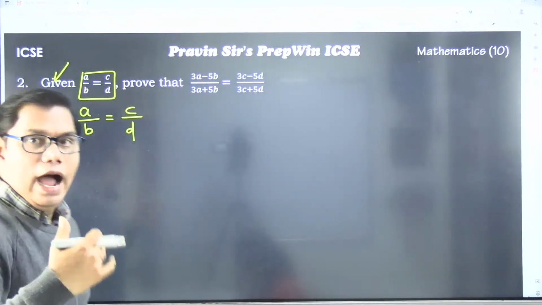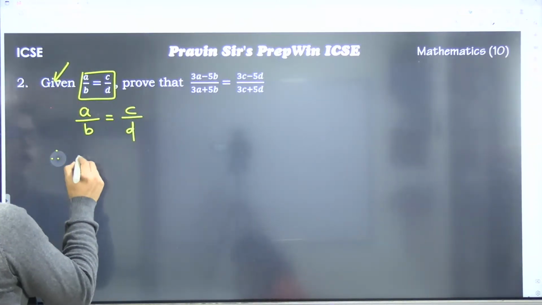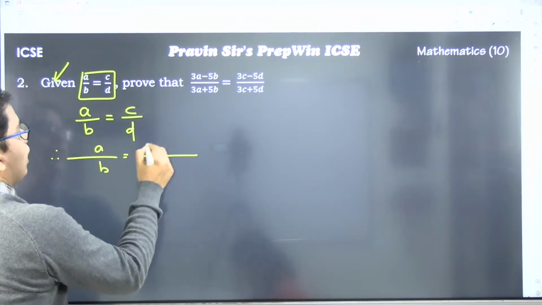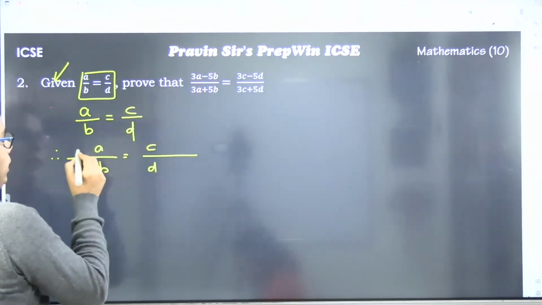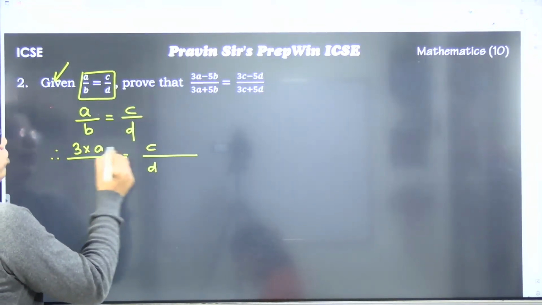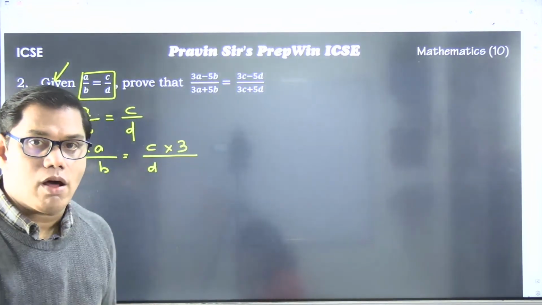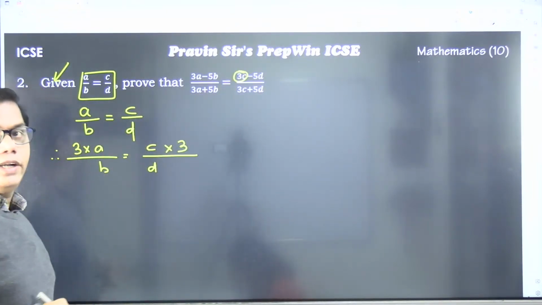I want 3 with a and 5 with b. Tell me, what am I expected to do? I want a along with 3, so I multiply 3 in the numerator. That 3 I have to multiply in the numerator of the RHS also, so 3c. Yes, it's working.